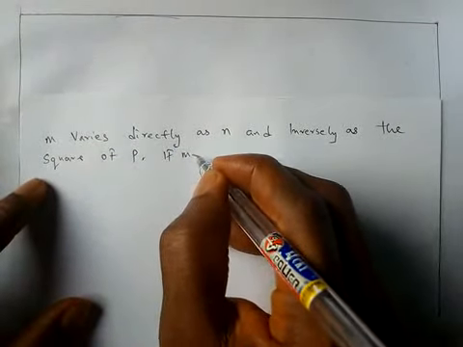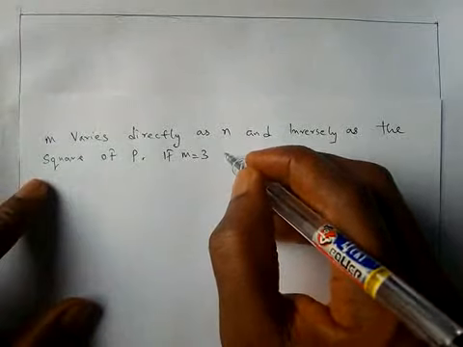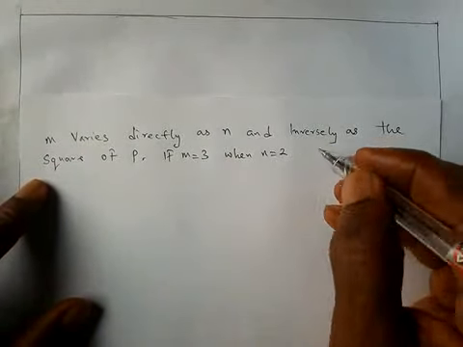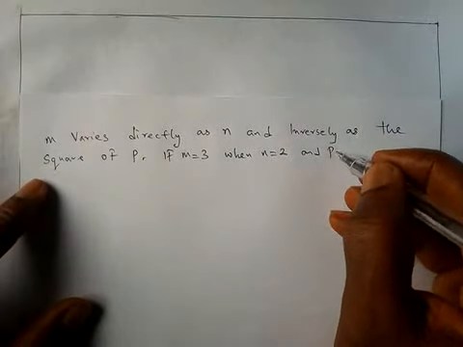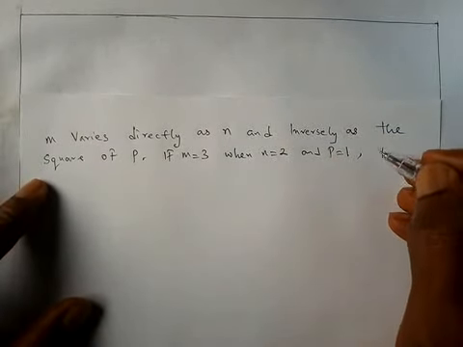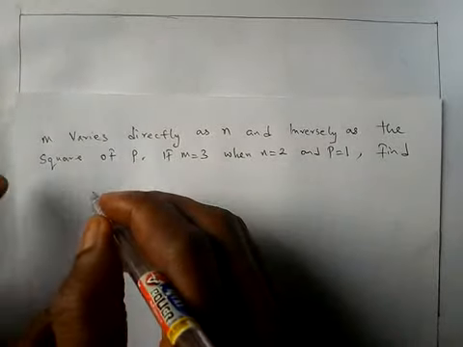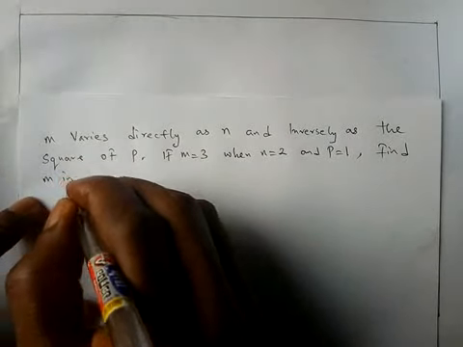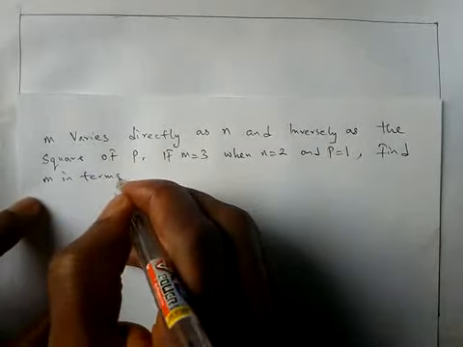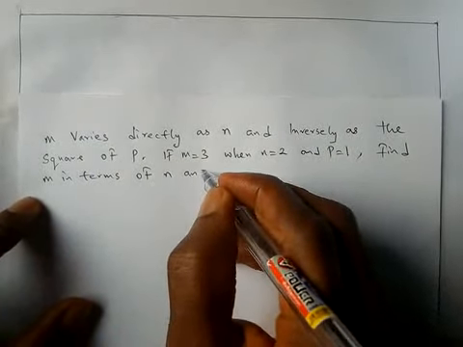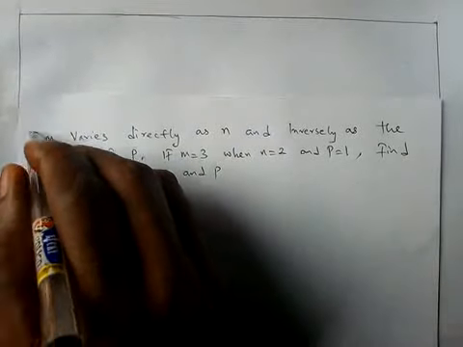If m equals 3 when n equals 2 and p equals 1, find m in terms of n and p.